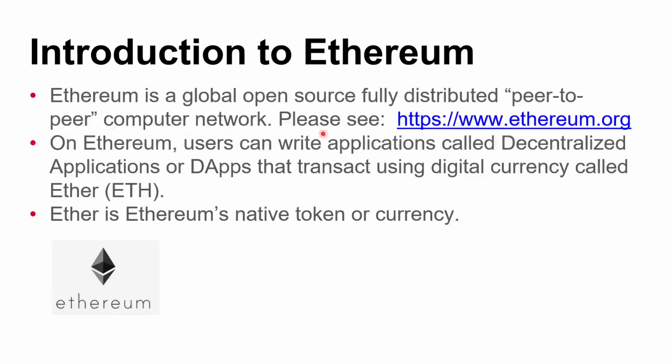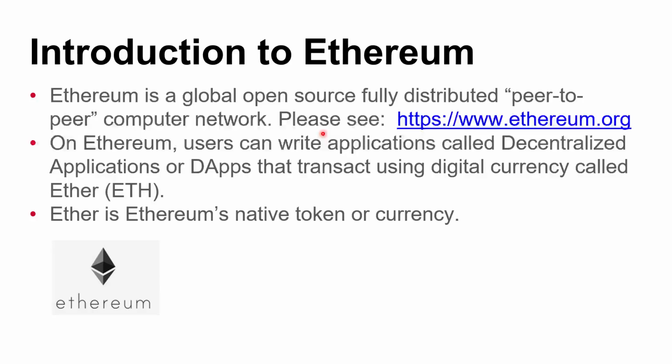So Ethereum can be thought of as an operating network. And if that sounds like operating system, well, there is an analogy there. Just like an operating system can run several applications, an operating network can also run numerous applications.